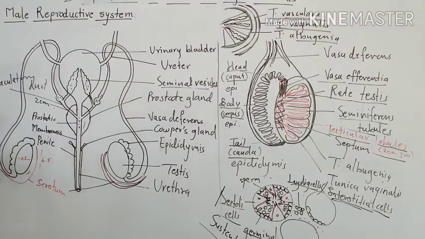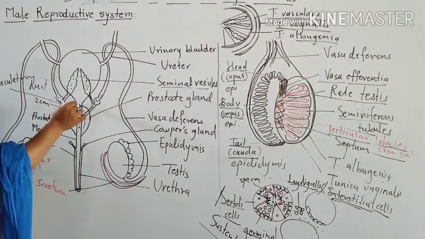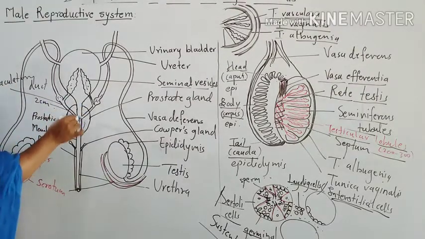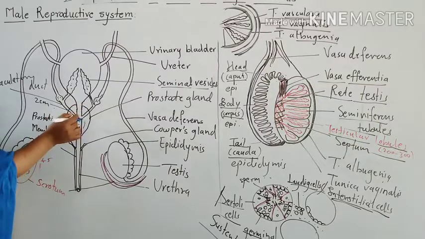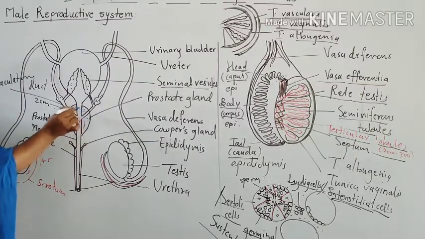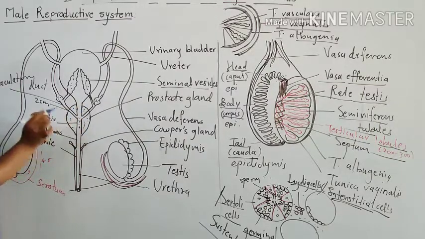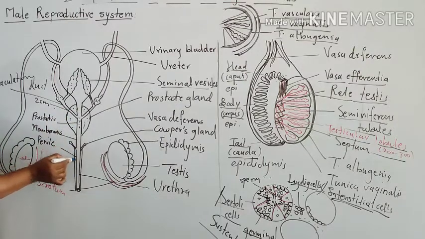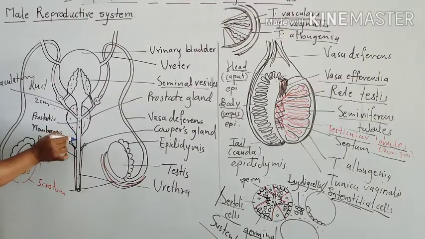The length of the urethra is about 20 centimeters and it is divided into 3 parts. This part is called the prostatic urethra, which passes through the prostate gland. The part which passes through the penis is called the penile urethra, and in between these two, this short portion is called the membranous urethra.